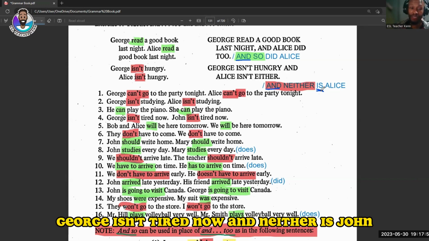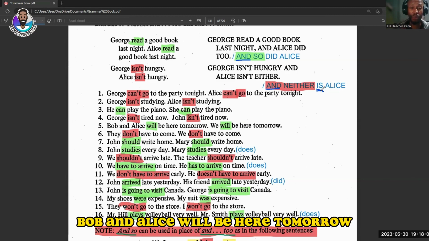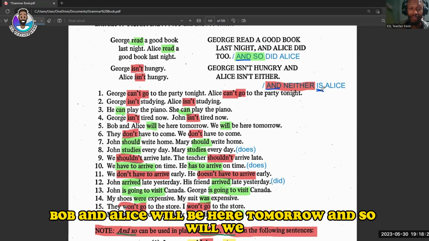George isn't tired now, and neither is John. Bob and Alice will be here tomorrow. We will be here tomorrow. Bob and Alice will be here tomorrow, and so will we.